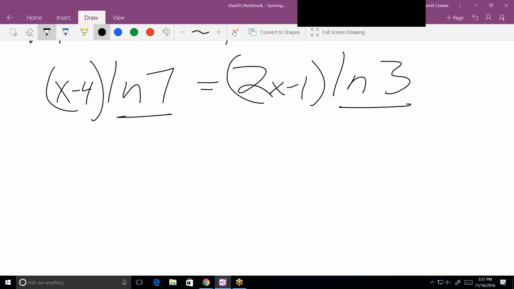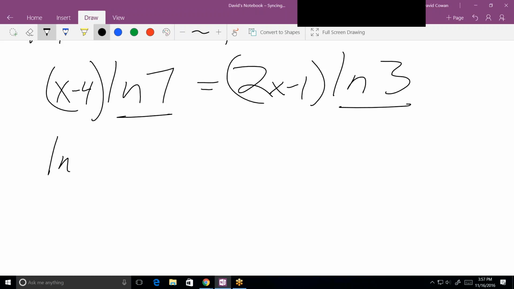Well, if I had numbers there, what would I do? I would distribute, right? And if that natural log of 7 was a 3, I would multiply it by that. So that's what you want to do.